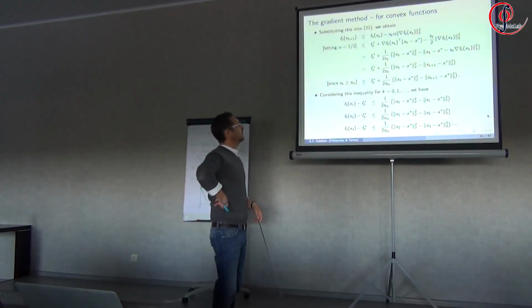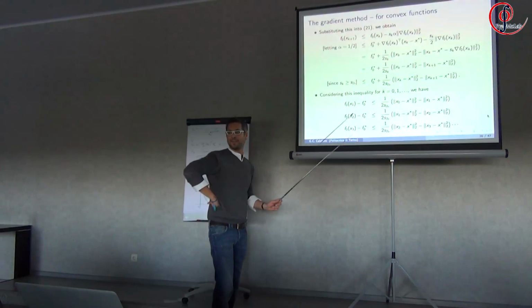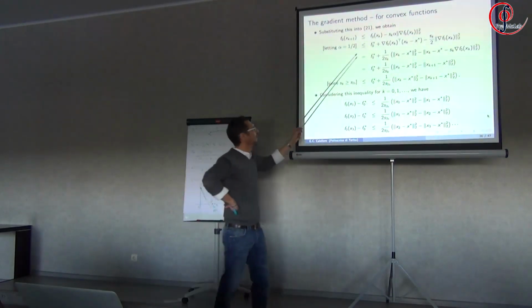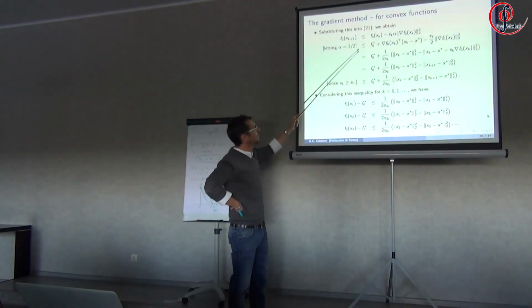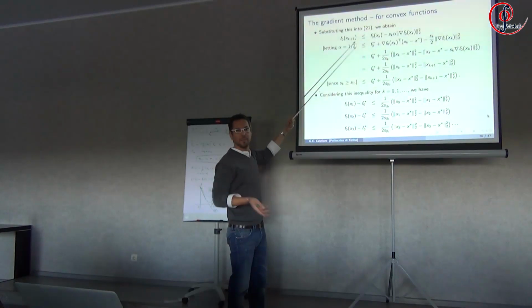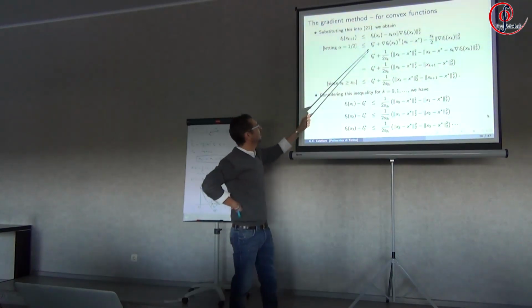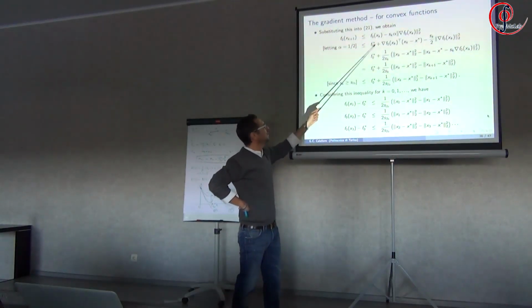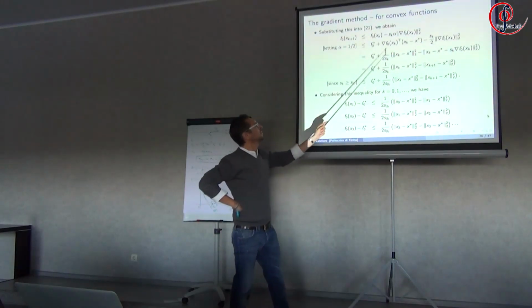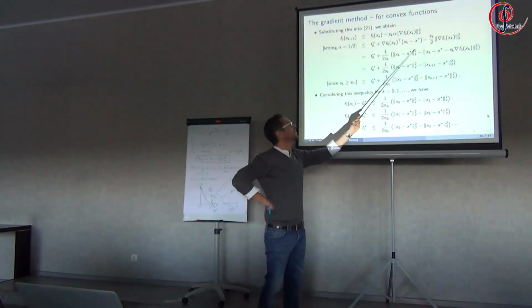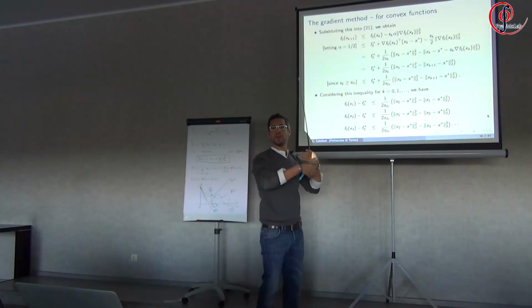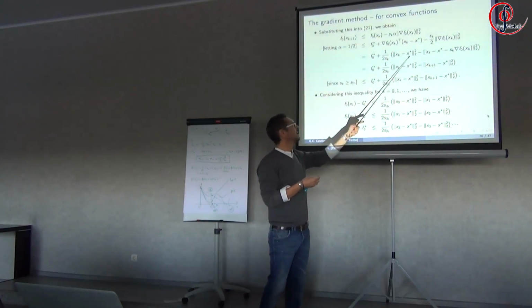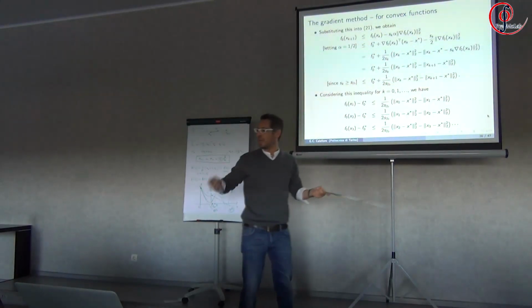And now there is a series of very boring tricks that I don't really want to explain here, but they are written here on the slide. So if you are very careful, you can back check that you can go from here to here and these two things are equal. Well, you just express this norm squared as the inner product of xk minus x star transpose times itself.